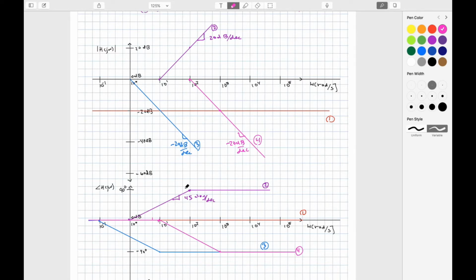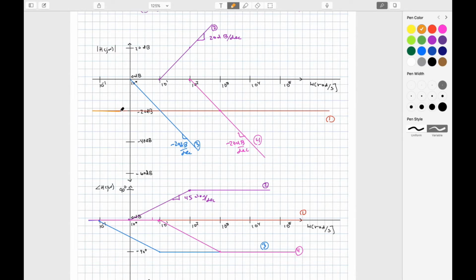So now what I have done is I have written each piece in. But to finalize this, I'm going to pick a slightly thicker line type, and I'm going to do this in orange. What I need to do is go through each band of frequencies and sum up all of the contributions. So we start before 10 to the minus 1. The only thing that is having any effect is this gain k.